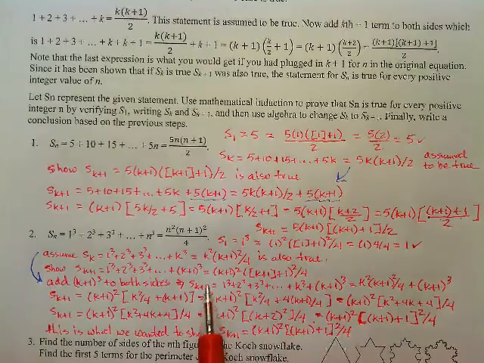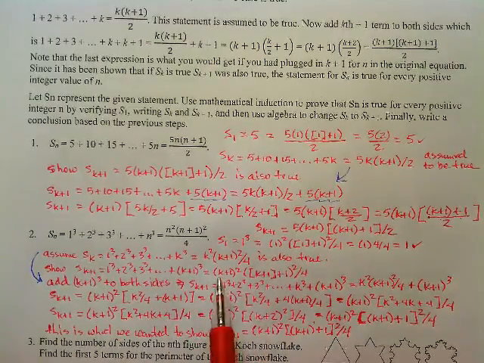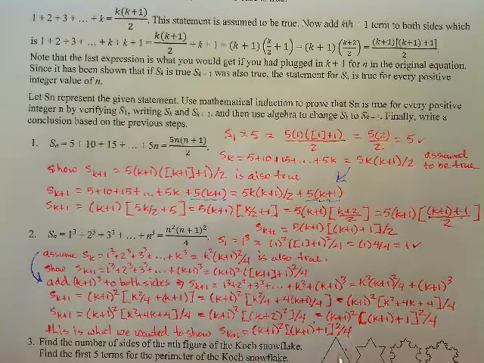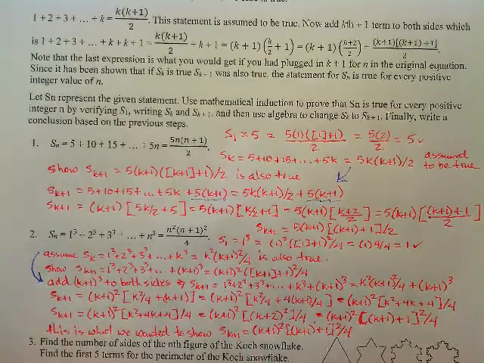Okay, and again, if we look back here, that's what we wanted to show. Here's our (k+1) squared, (k+1+1) quantity squared, and all over 4.